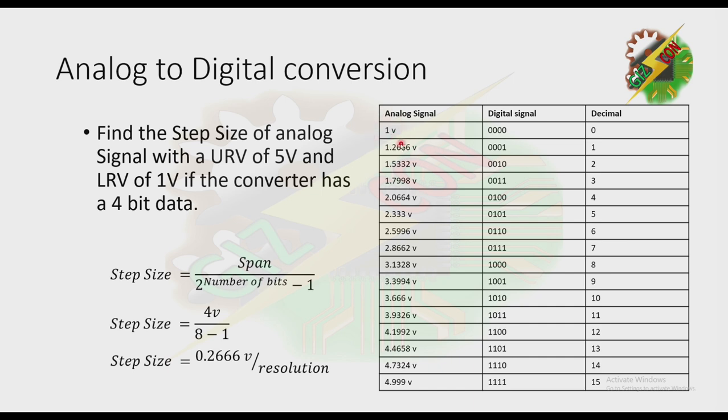And as you can see here, if we have 1 volt, we have a digital signal of 0000. And if we have 1.266 volts, it is 0001. And the inaccuracy here is when the value is between 1 and 1.2 volts.